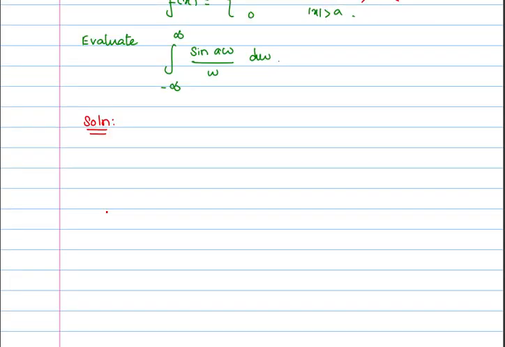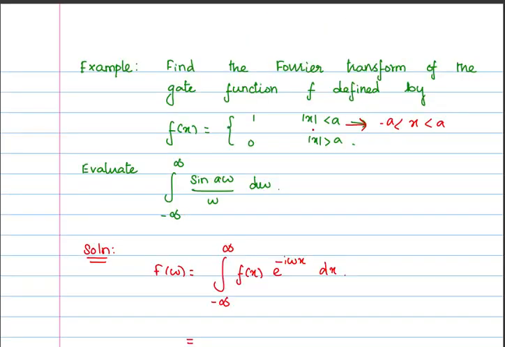From the definition, the Fourier transform of f of x equals the integral from minus infinity to plus infinity of f of x times exponential of minus i omega x dx. In our problem, f has support only between minus a and plus a, and the remaining value is 0.